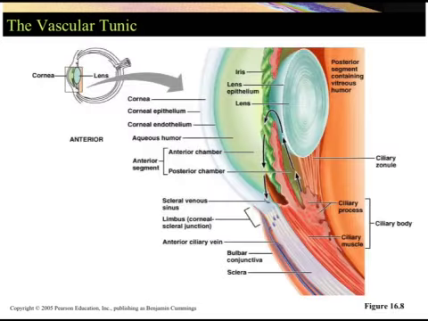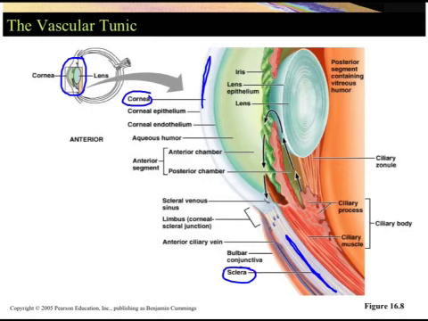Okay, here's another interesting diagram. We're looking at this particular part of the eye right now. So again, let's orient ourselves. We see the cornea pointing over here. We see the sclera connected to the cornea over here. So that makes up our fibrous tunic.